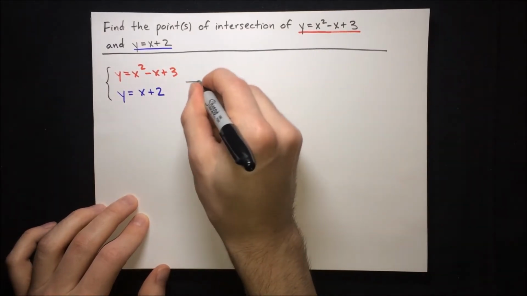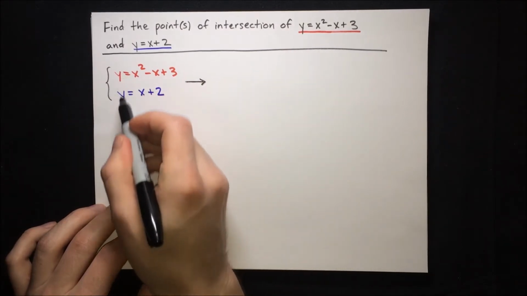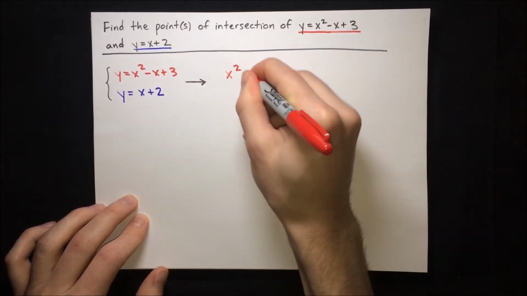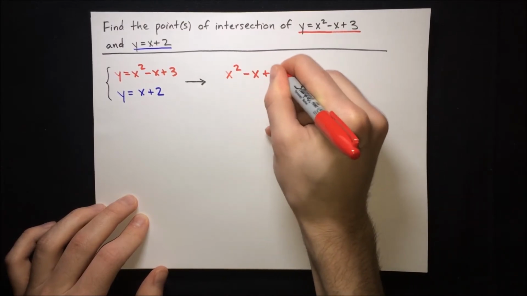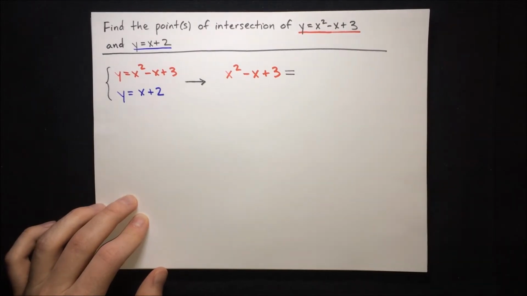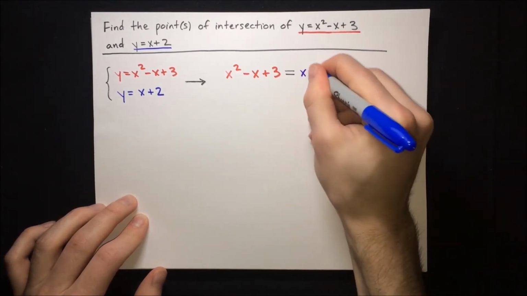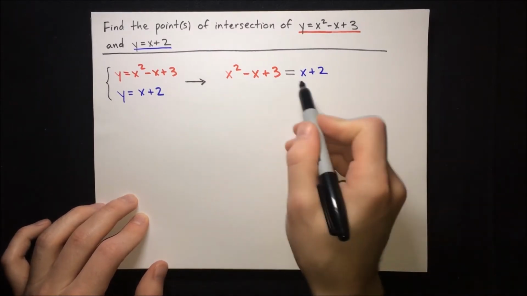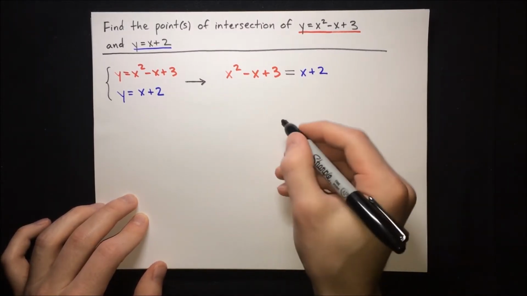To solve this system, we can set the y's equal to each other, and then we get x squared minus x plus 3 is equal to x plus 2. Then it just remains to solve the equation. We've got an equation in x and we can solve.